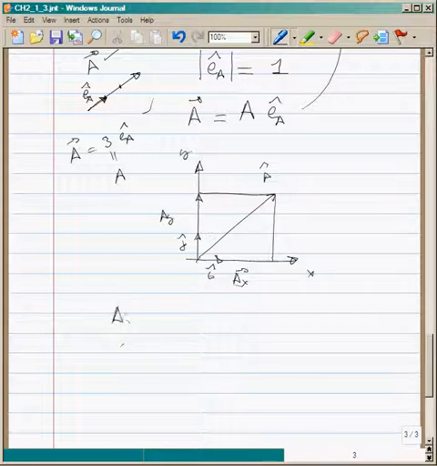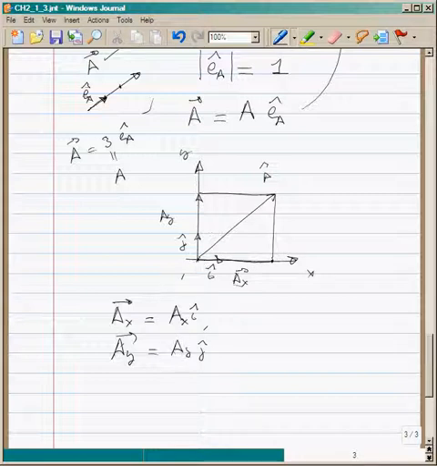You can write vector AX as the x component of the magnitude, AX, times i. And for the y, vector AY will be magnitude AY times j. So magnitude AX is the distance from here to here.